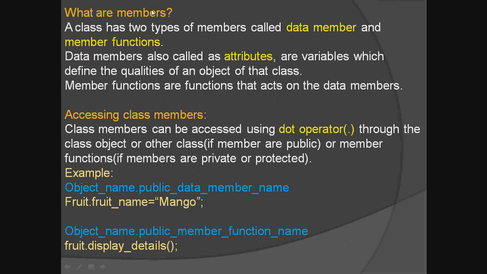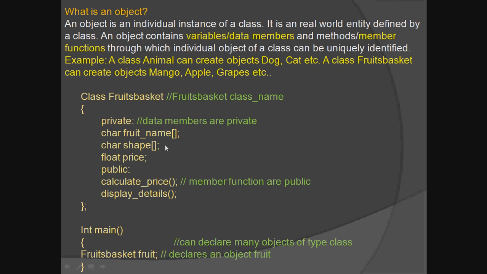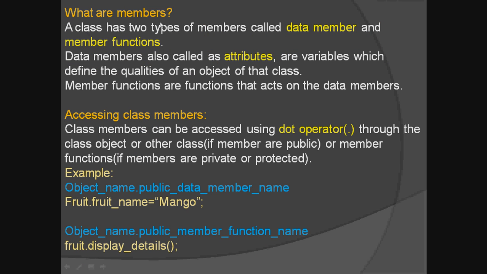Now, what are members? The members that we have just seen are data members and member functions. A class has two types of members, called data members and member functions. Data members, which are also called attributes, are variables which define the qualities of an object of that class. So the attributes, or the data members, define the qualities, that is the state and behavior, of that object.